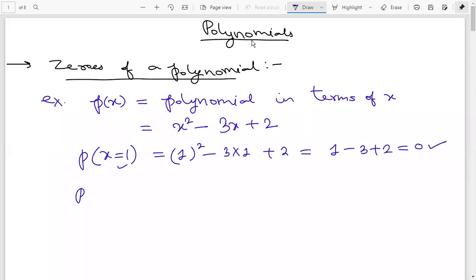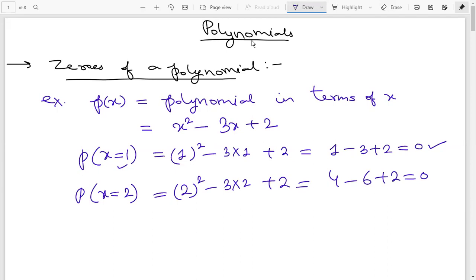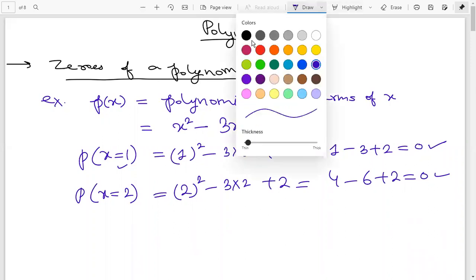Let us take one other value, x equal to 2. 2 square minus 3 into 2 plus 2. 2 square is 4, minus 6, plus 2, that is 0. So again we are getting 0. That means when we take x value 1 or 2, p(x) is 0. So 1 and 2 will be zeros of the given polynomial.